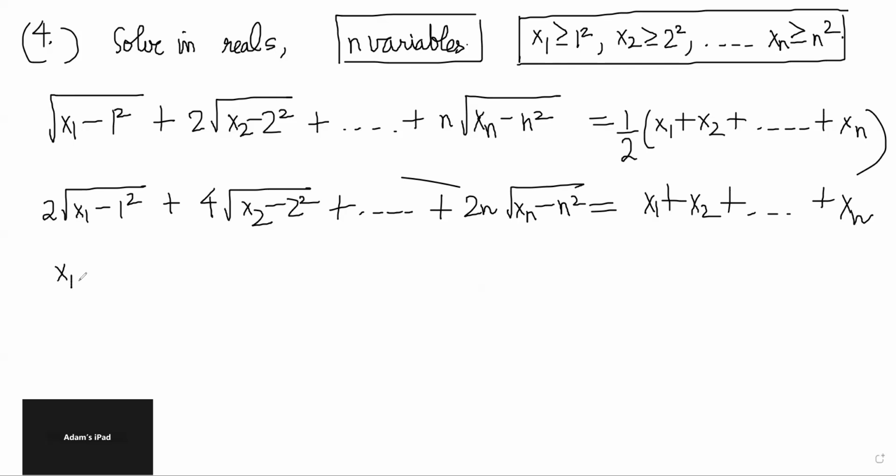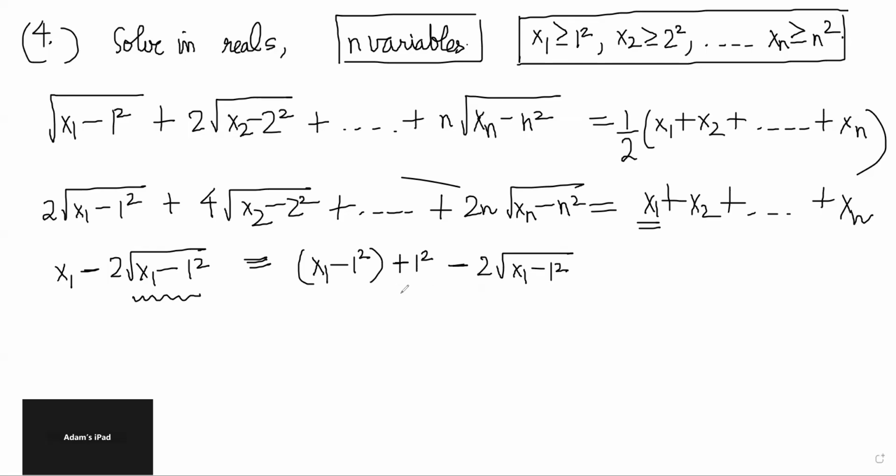Let's look at each type of term together. x1 minus 2 times root over x1 minus 1 square. In order to convert this into a perfect square, I need x1 minus 1 square to appear here, so I need to add plus 1 square there somehow.